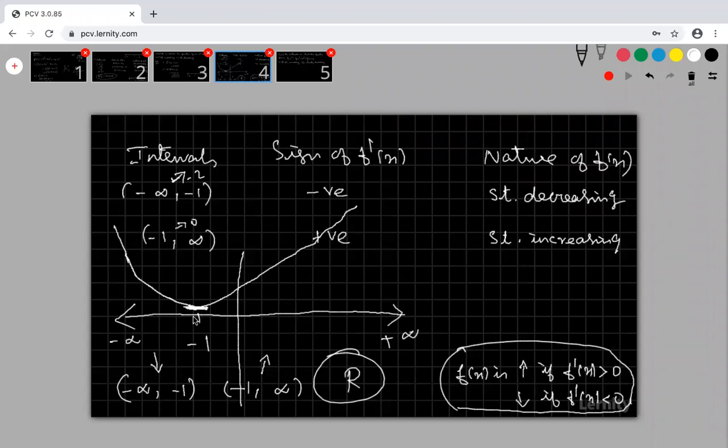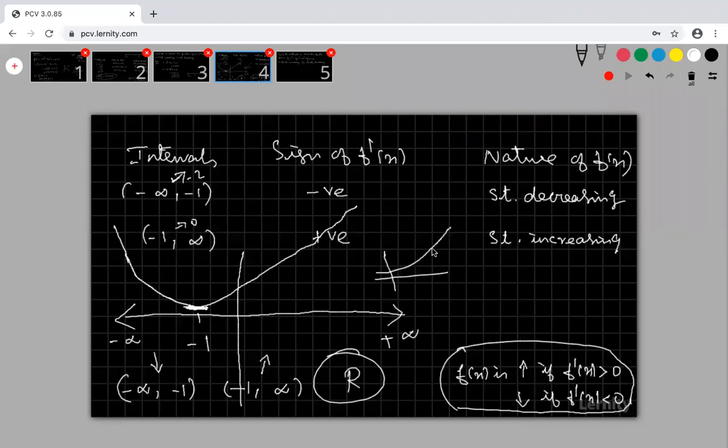In this interval, my function is decreasing. In this interval, my function is increasing. But over the entire real numbers, the function is neither increasing nor decreasing. In the first class, I told you this function is strictly increasing over the entire real numbers.